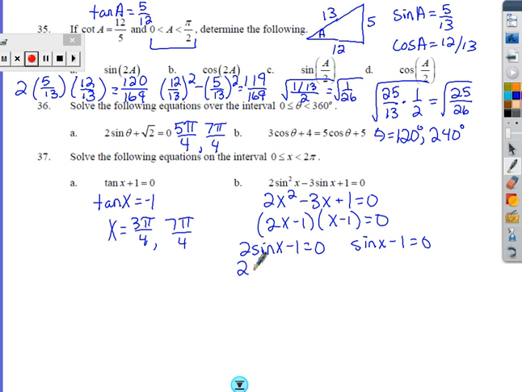So this would turn into 2 sine x equals 1. Divide by 2, I get sine x equals 1/2. Sine is positive, so I know I have an answer in quadrant 1 and 2. So x is pi over 6 and 5 pi over 6.